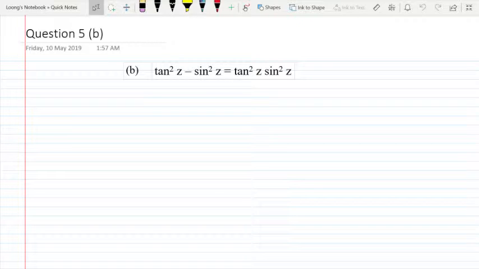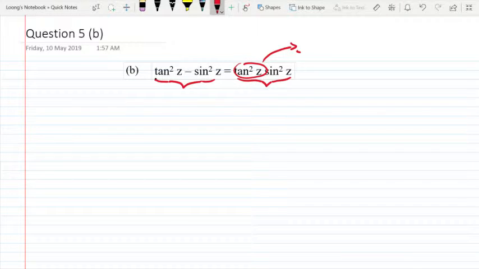For question number 5b, as we can see here, both sides are the same. When you can't decide which side to use, you could use either side, but remember to write at either side the possible outcome of the previous steps that could lead to the answer. For example here, tangent square z can equal sine square theta over cos square theta.